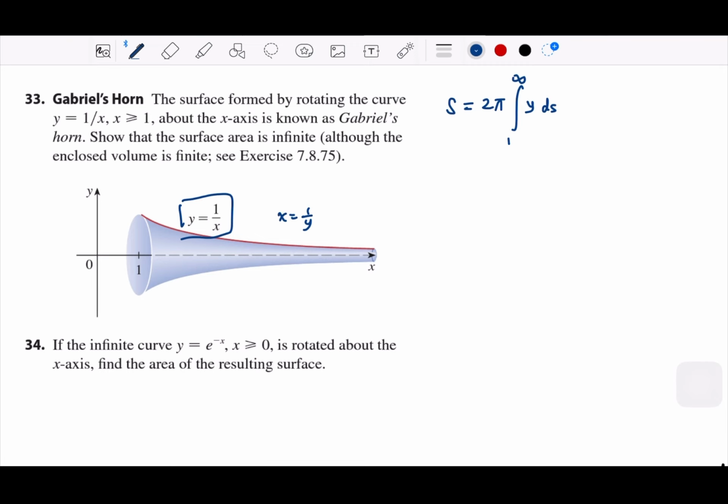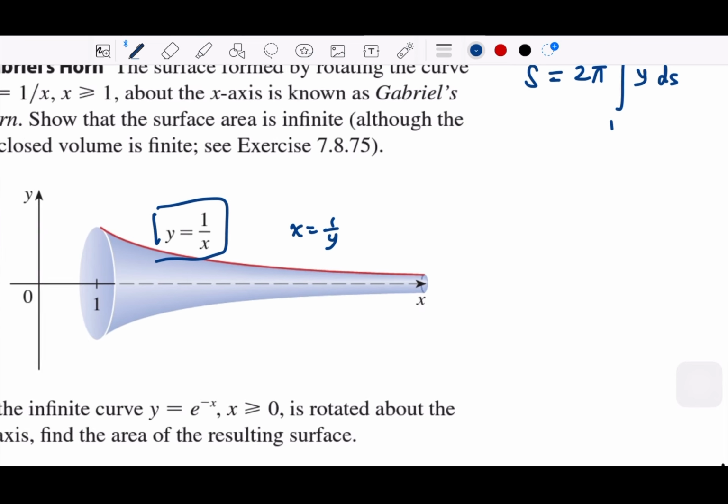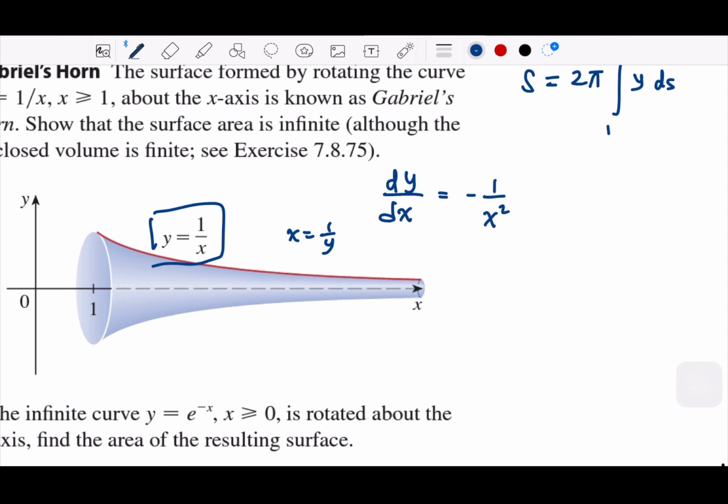So I will convert all the ds into dx. First I'm going to take my first derivative. This will be minus 1 over x squared, and then take the square, and then plus 1. So this will be equal to 1 plus 1 over x to the power of 4.